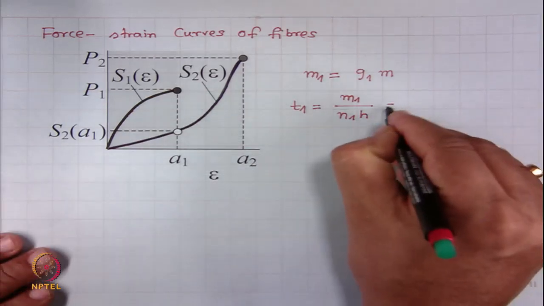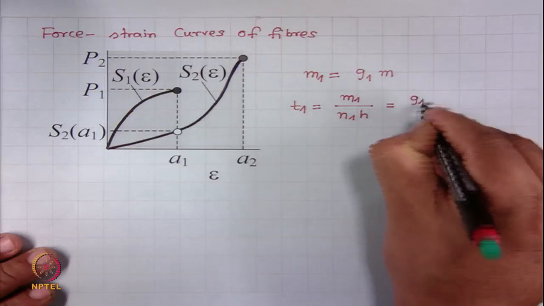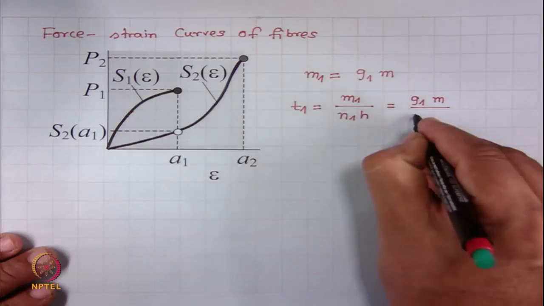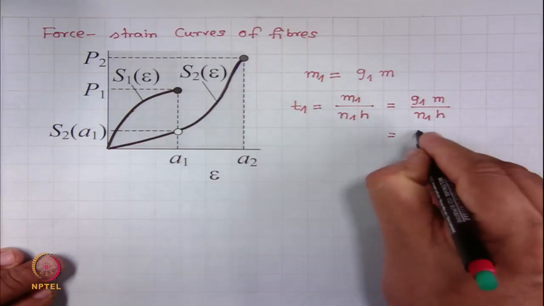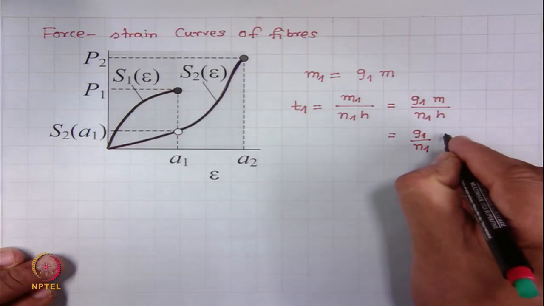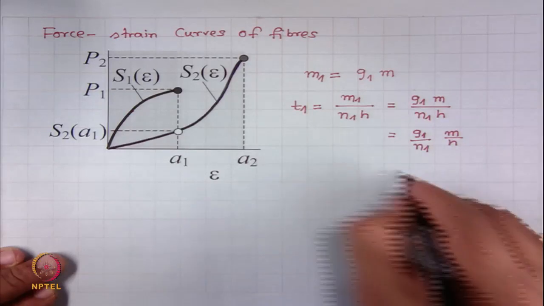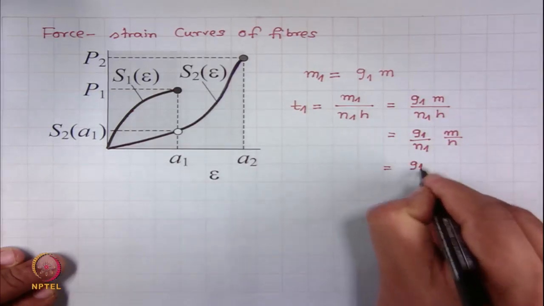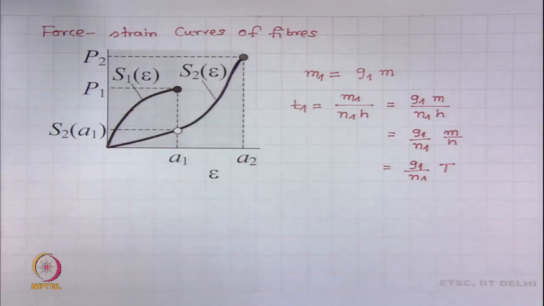If we substitute M1 by G1 M, over N1 into h, we can write it further. G1 by N1, M by h is the bundle fineness into T. T is the bundle fineness M by h.